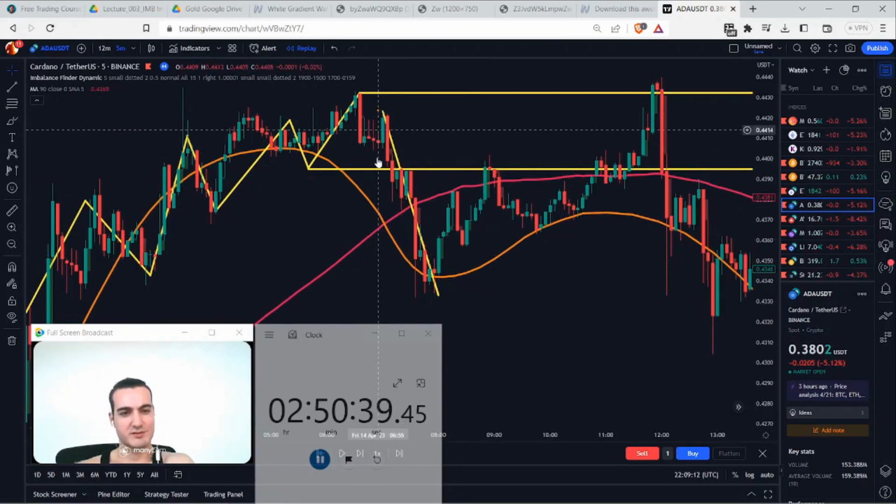This looks like a market structure break. Right? Maybe.